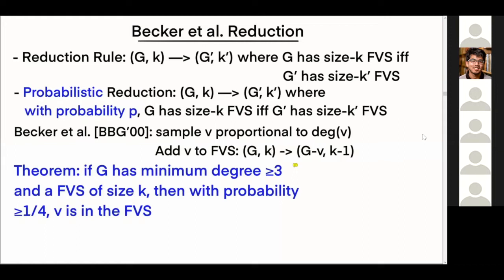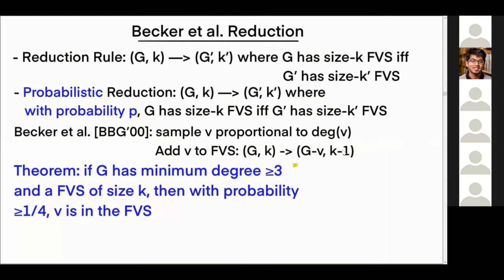So what does the algorithm look like? Basically, it would first apply the reduction rules 1 to 3 we saw before until G has min degree at least 3. Then at that point, it will sample a random vertex V proportional to its degree, and apply this probabilistic reduction, which succeeds with probability 1/4, but decreases K by 1, which is very important. That means this reduction can only be done at most K times.